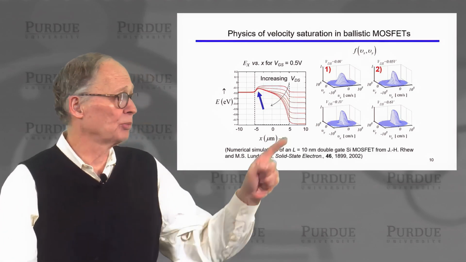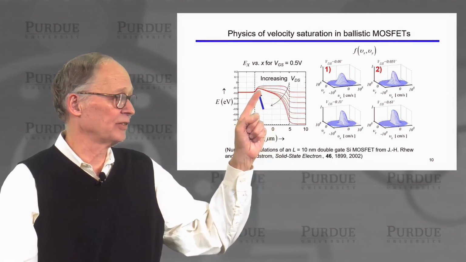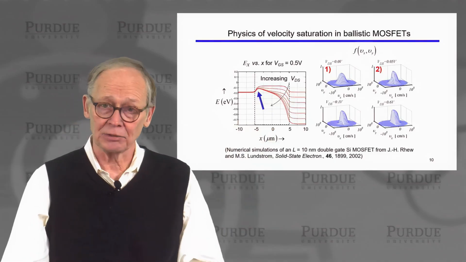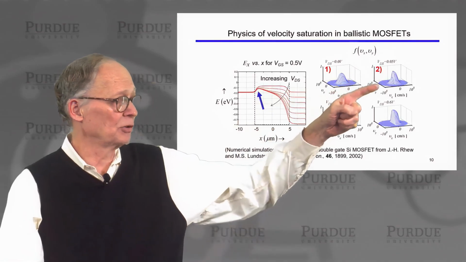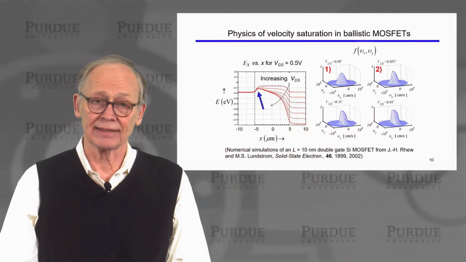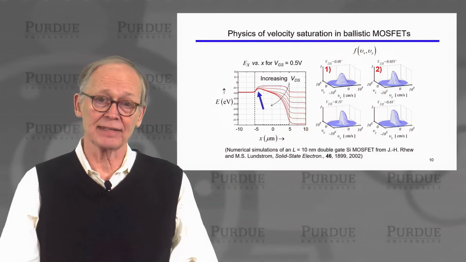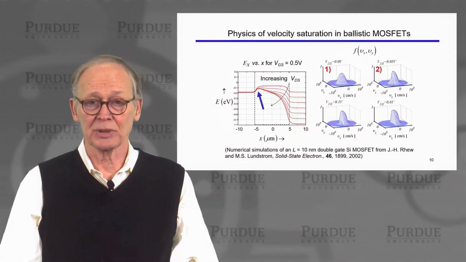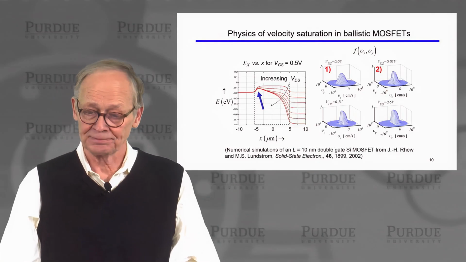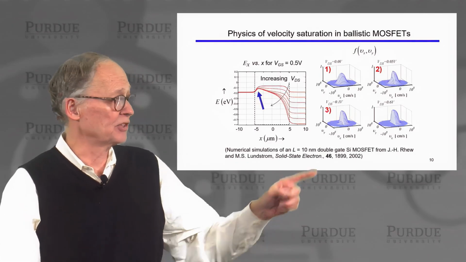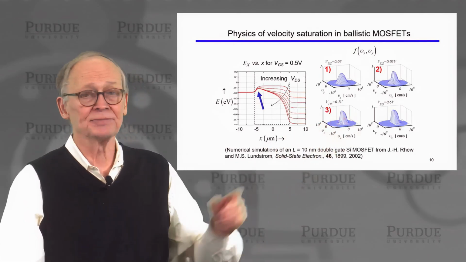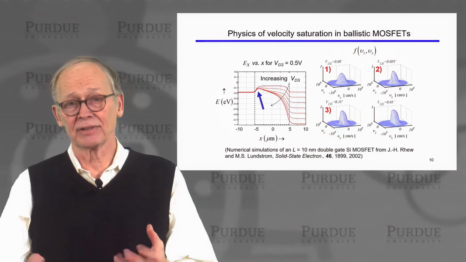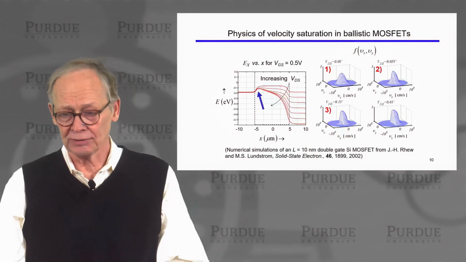That means there's a lower probability that negative velocity states at the top of the barrier can be occupied, and we'll see smaller numbers of negative velocity electrons. The overall average velocity then will increase because we have fewer negative velocity electrons.